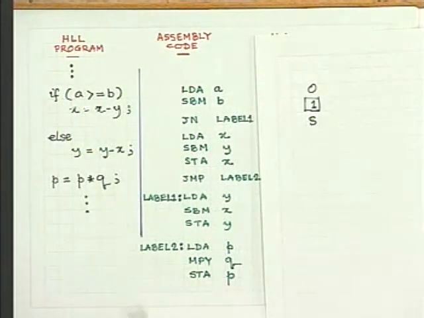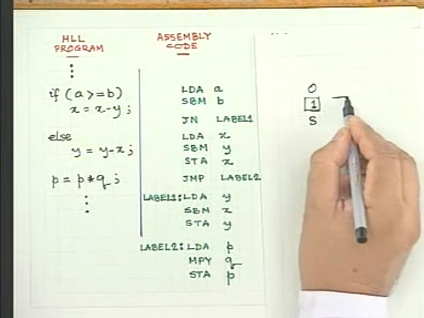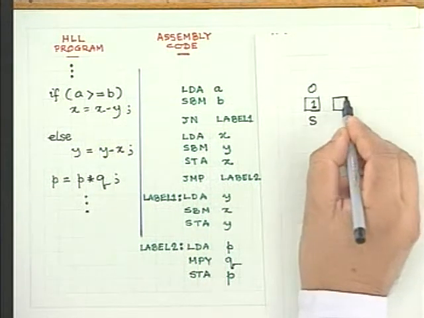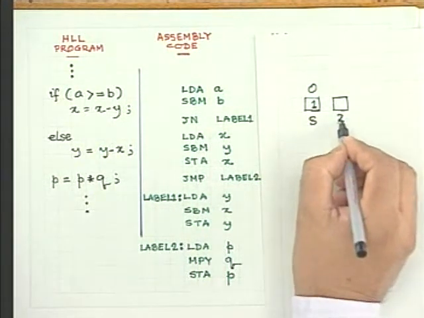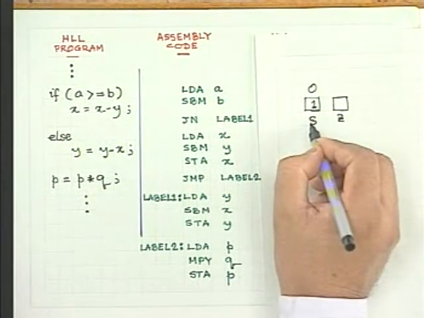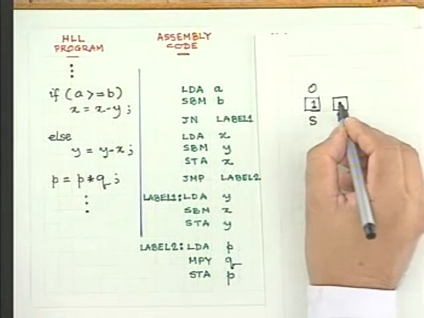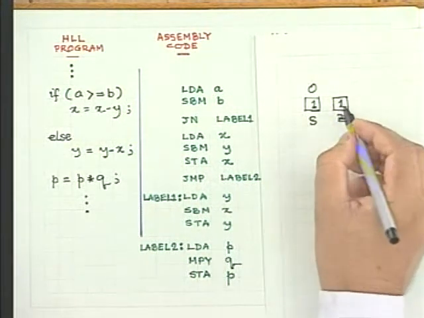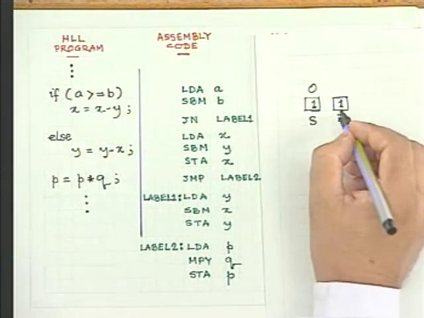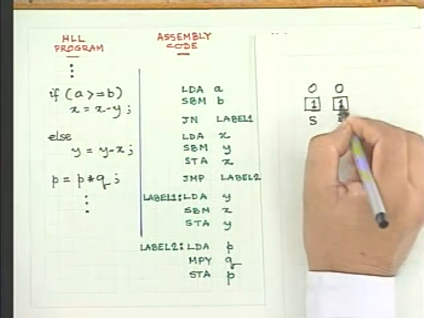Therefore, you can think of it as if there are two flags. One is a zero flag, and there is a sign flag. If the zero flag is 1, that means the result is 0. If the zero flag is 0, then the result is non-zero.